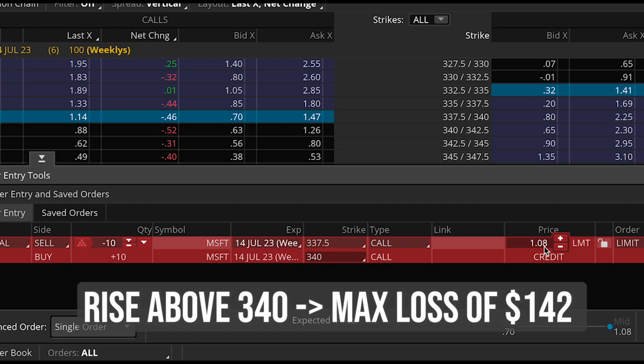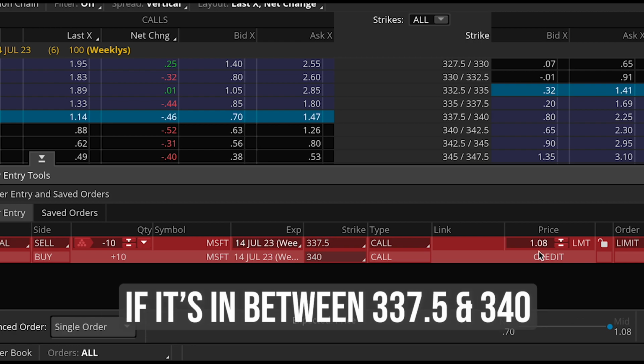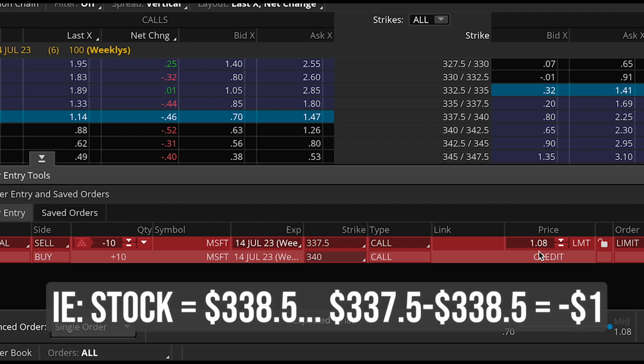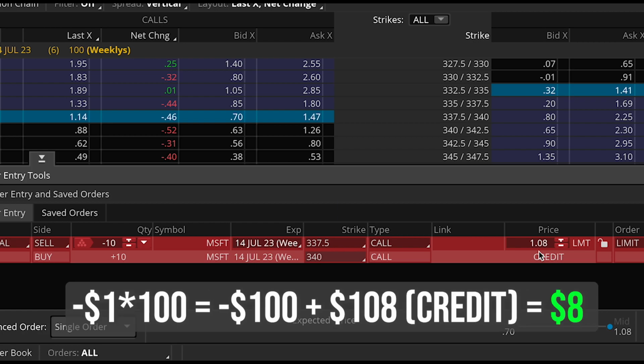If it were to go above 340, your max loss will be 250 minus 108, which would be 142. Again, anywhere in between, the same math as what you would do on the bull side. If it was 338.5, which is $100, then you would lose $100 because it ended up in the money. Because you collected 108, your profit there will be $8.